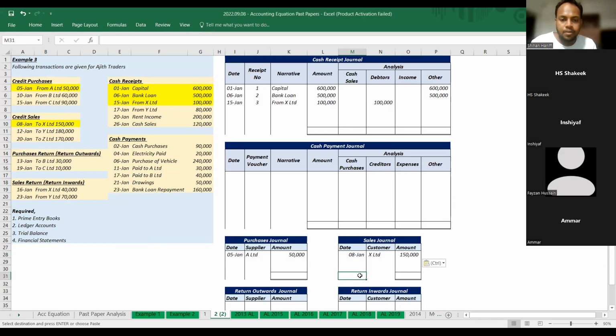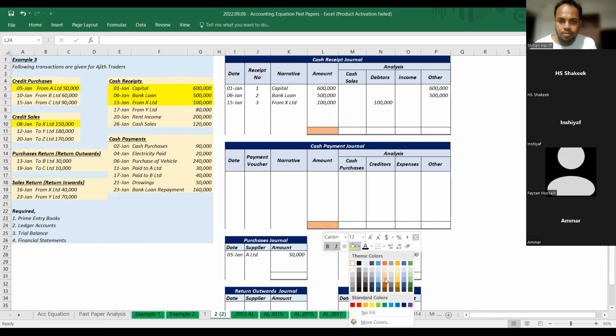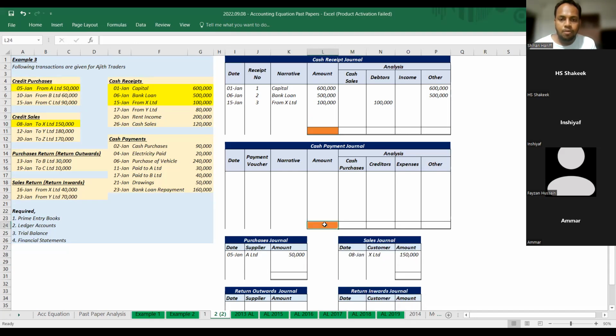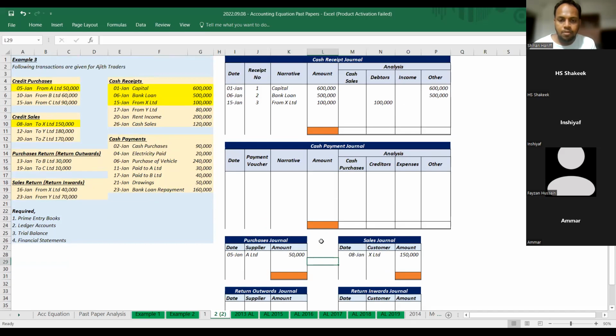So try to complete the transactions, record the transactions in the prime entry books, and tell me these values, these two values. What is the total receipt, total payments, total purchases, okay, I want these values.